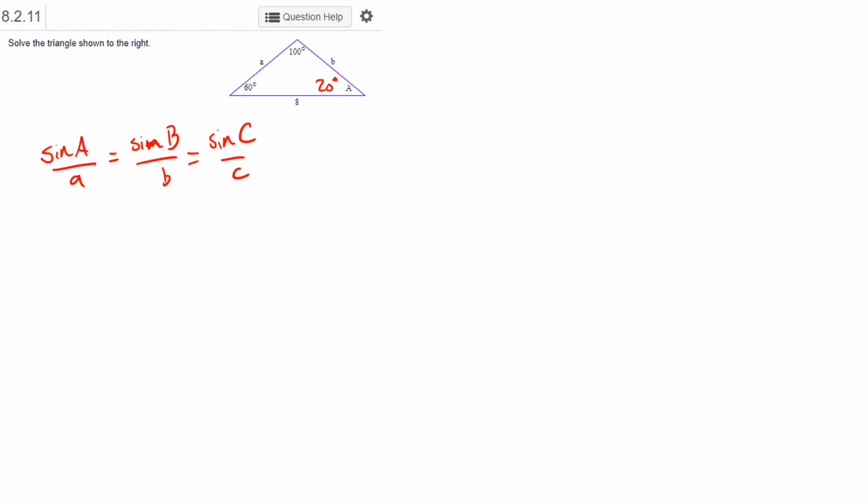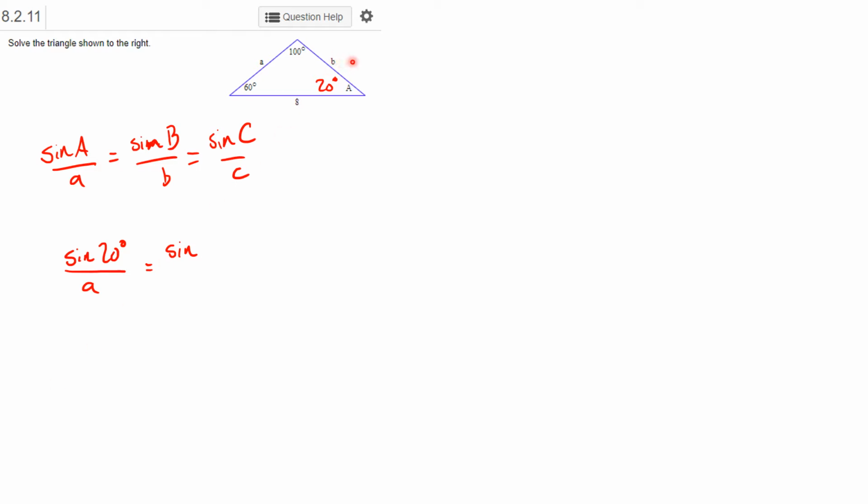Just remember that by default, angle capital B is taken to be the angle across from the side labeled B. So angle A was 20 degrees, and this will be divided by the unknown side length A. This is equal to the sine of capital B, that is the angle across from the side labeled with lowercase b.